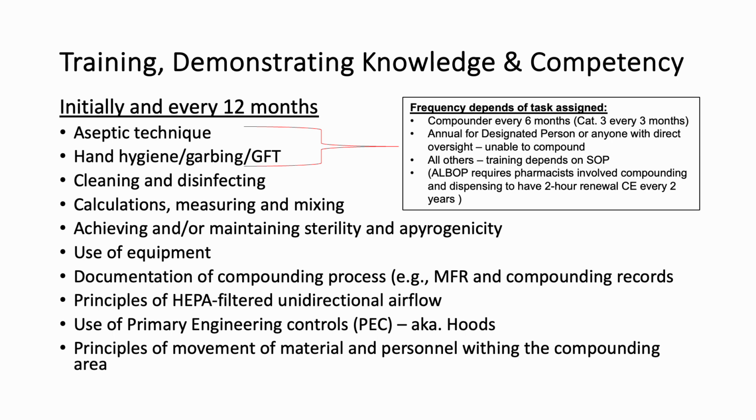For those who compound, this is required not just every 12 months, but instead every 6 months for Category 1 and 2, and for Category 3 every 3 months. So for Category 1 and 2, every 6 months, if the person does not do the aseptic technique, hand hygiene, garbing, gloved fingertip testing every 6 months, then they are not allowed to compound.